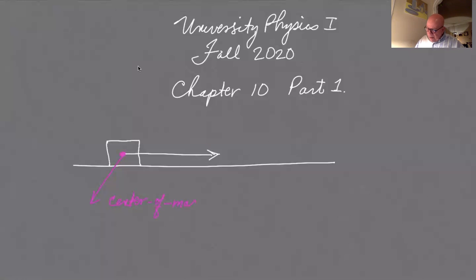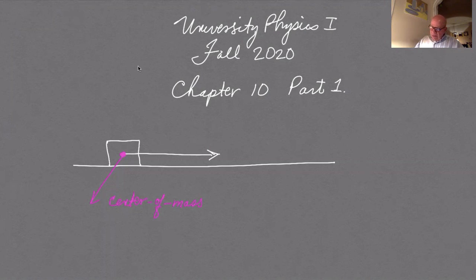And for an object which is highly symmetrical, like say, for instance, a rectangular block, if the block is homogeneous throughout, then the center of mass will correspond to the center of that geometrical shape.